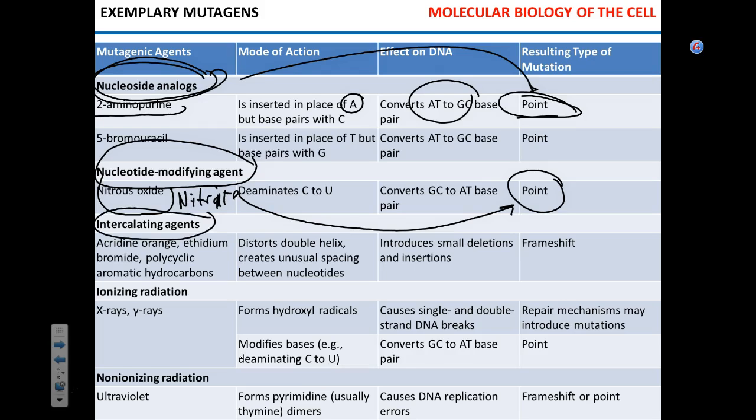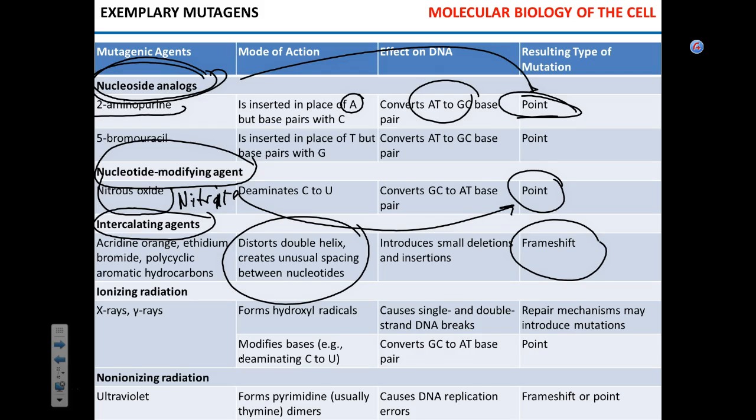Intercalating agents. For this, I want you to understand what they do. At the level of, they stick themselves in between the pairs of nucleotides. Am I clear? And I want you to know they cause frame shift mutations.